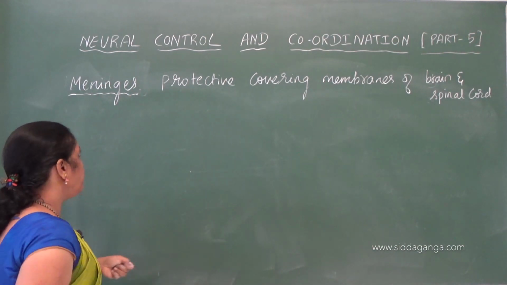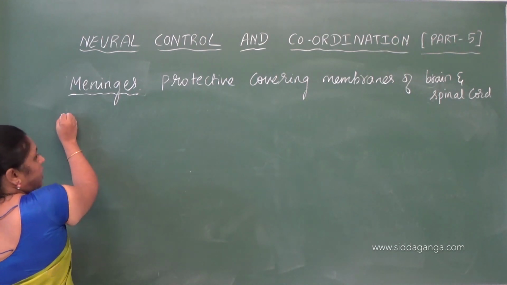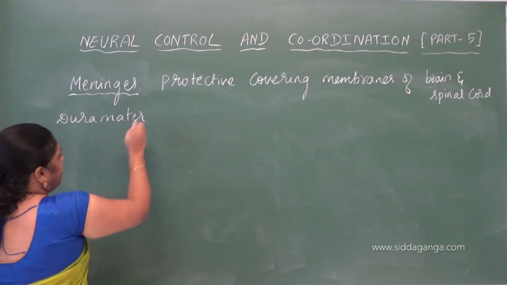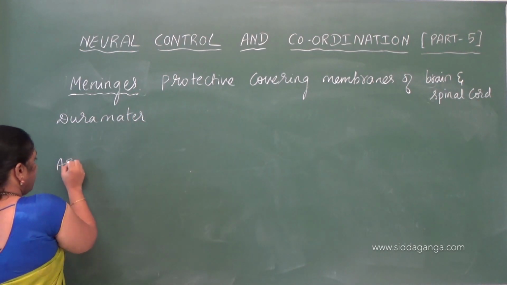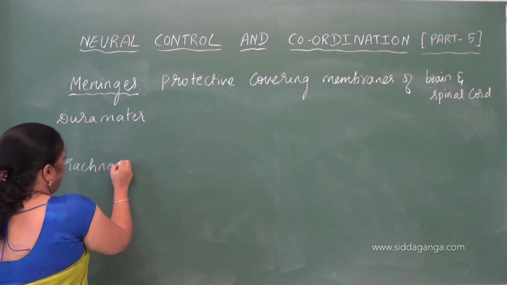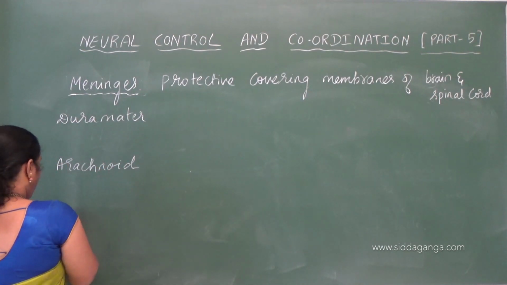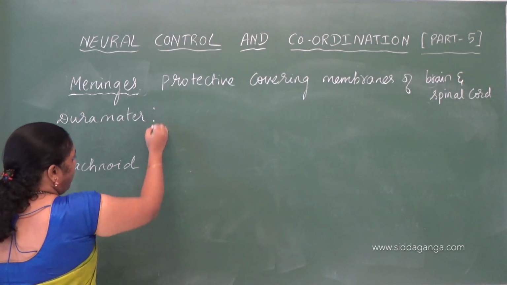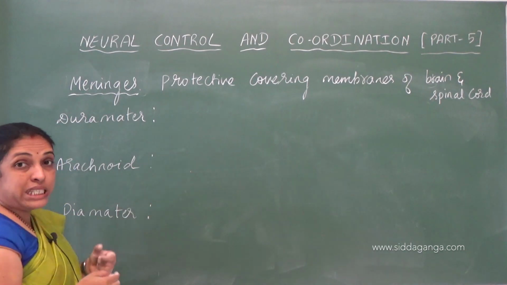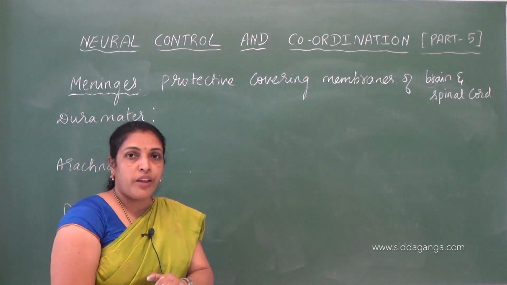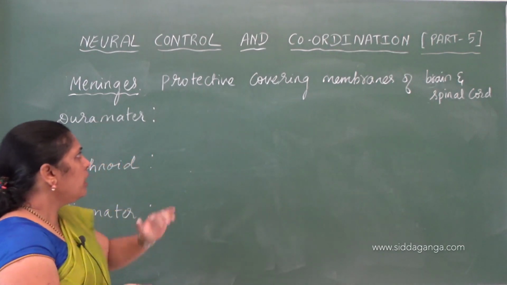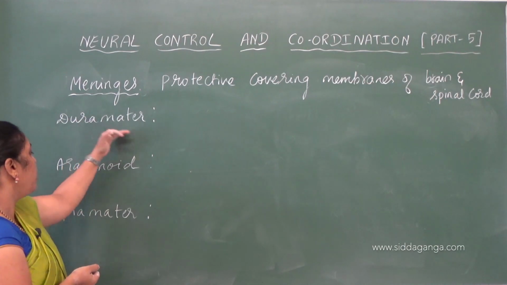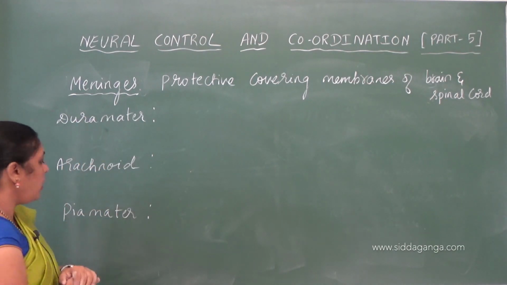We have three types of meninges: dura mater, arachnoid mater, and pia mater. These three meninges supplement the function of bones in protecting the brain and spinal cord.